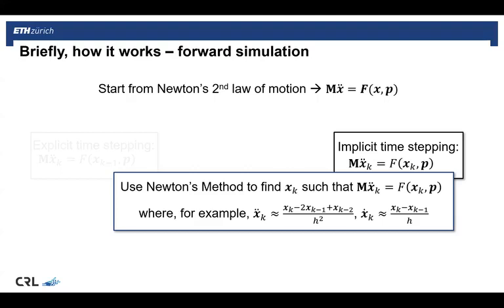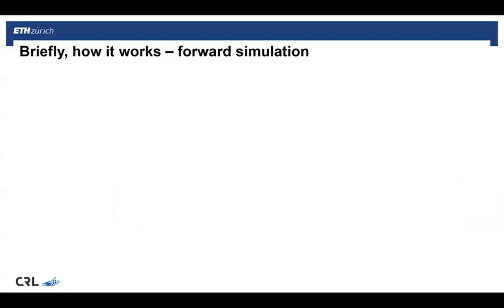In what follows, I will mostly focus on the implicit time-stepping setting, but I will note that there are many similarities between explicit time integration methods and implicit time integration methods as far as the formulation of differentiable simulation goes. So many of the concepts you can just take and apply more or less the same for explicit time-stepping schemes.